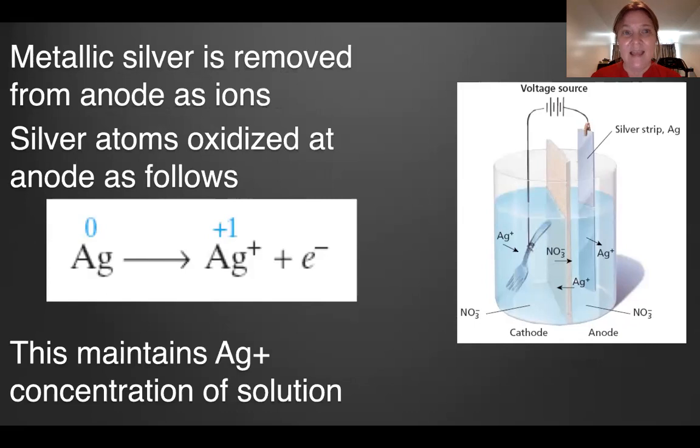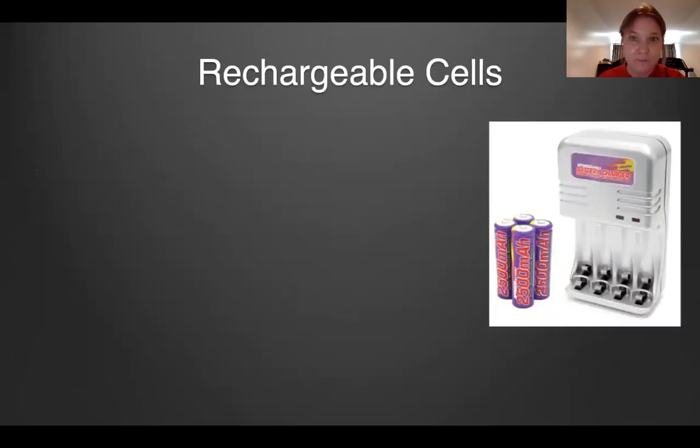So this maintains the silver ion concentration of the solution, because on the left side, you have silver being deposited on top of the fork, which means in the solution down here, you're losing silver ions. That has to be balanced by the formation of silver ions, which occurs at the anode.